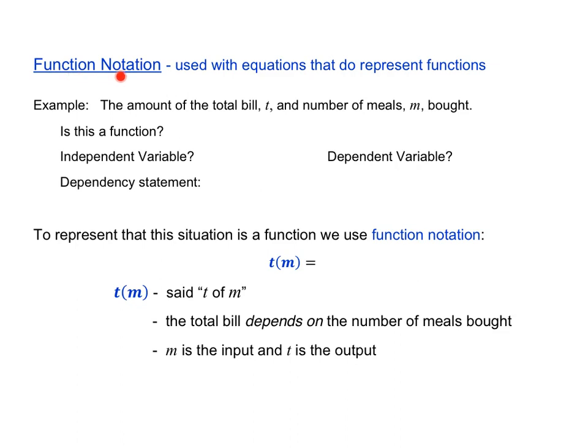Alright, so the next word you need to write down is function notation. Function notation is used with equations that represent functions. So write that down. It's used with equations that do represent functions. An example of a function is this: the amount of a total bill T and the number of meals bought. Is this a function? Yes. And the independent variable is the cause. So the cause is the number of meals.